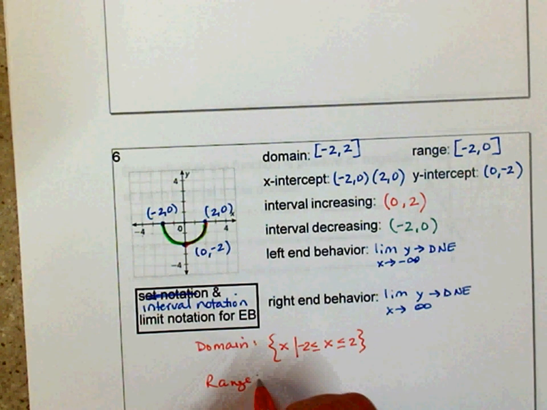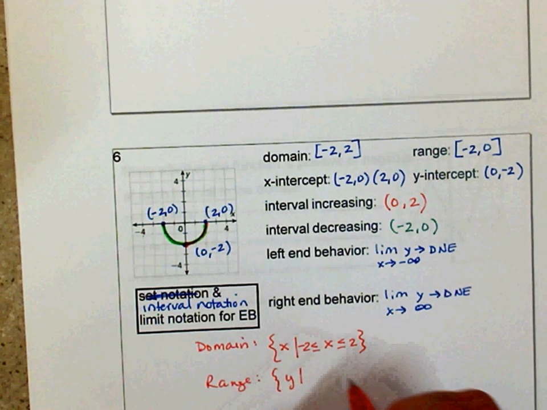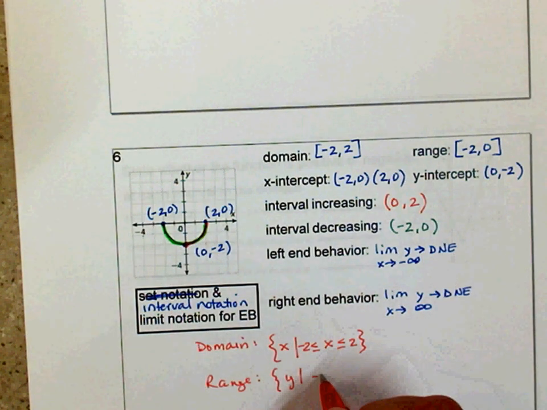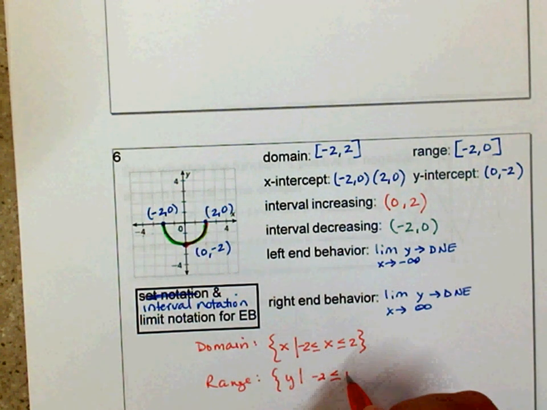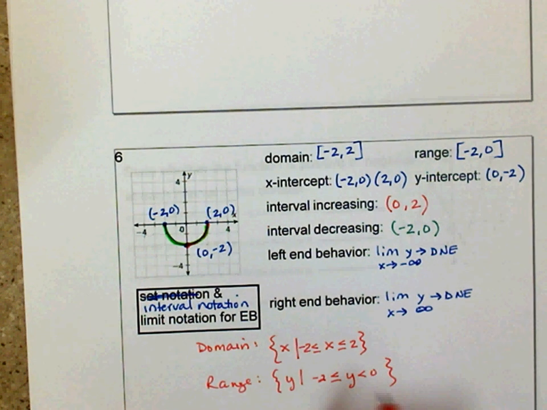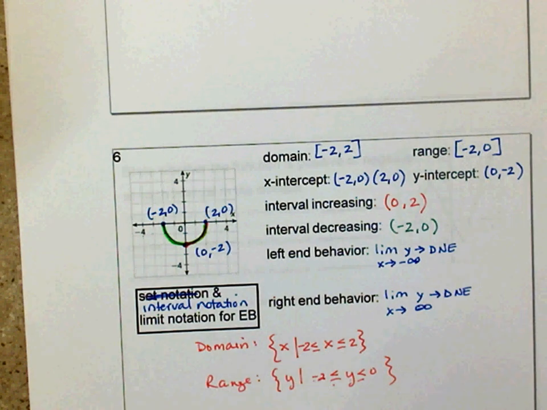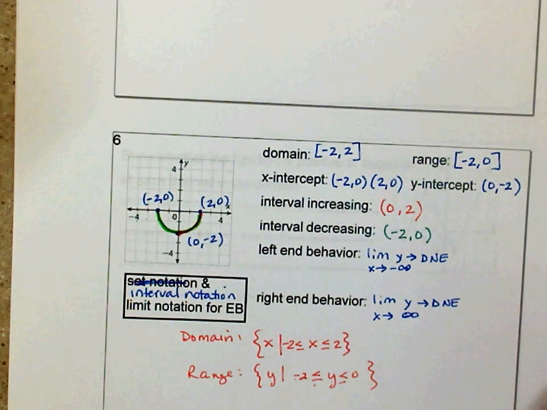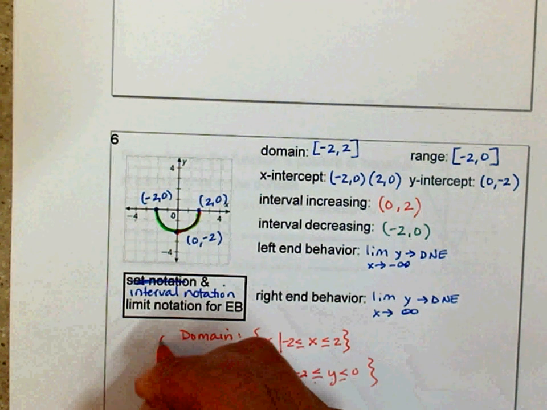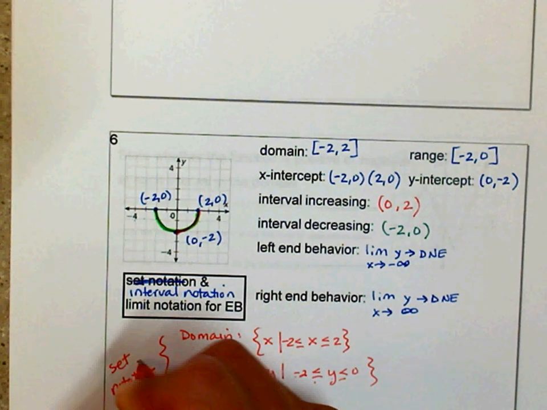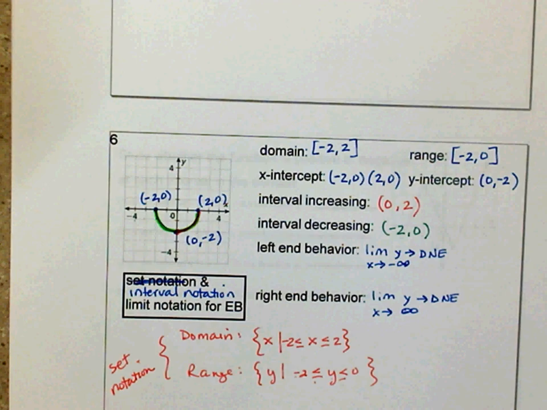Y is between negative 2 and 0. Negative 2 is less than or equal to y is less than or equal to 0. And they're a part of it. So that's how you would write that as a set notation. Okay? Just so you see. And if you were to write this as an inequality, it would just be that right there. So there you go.